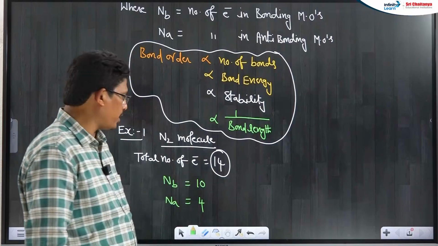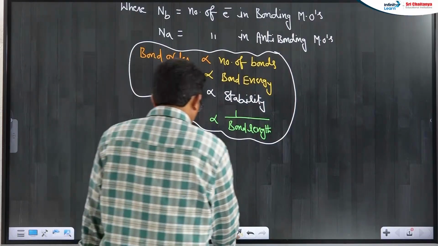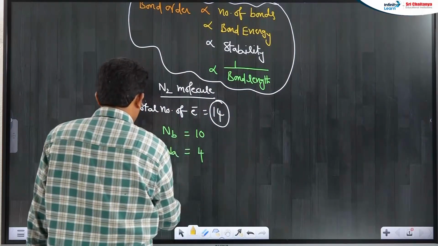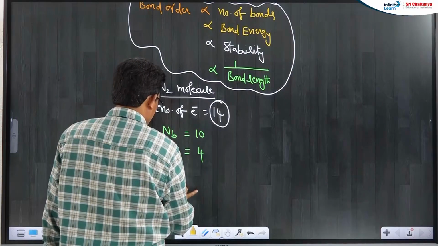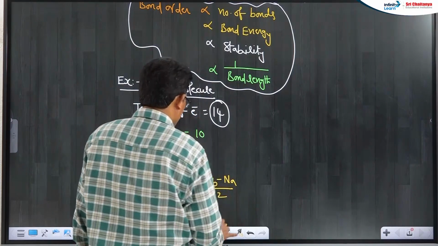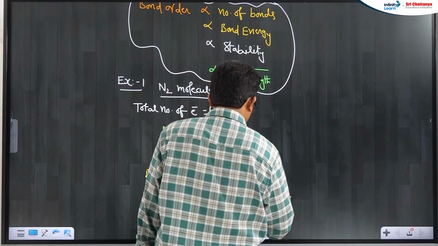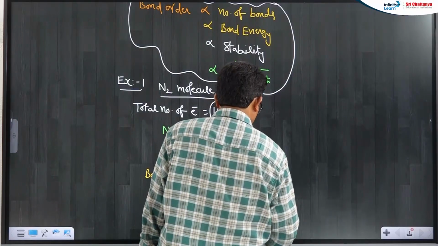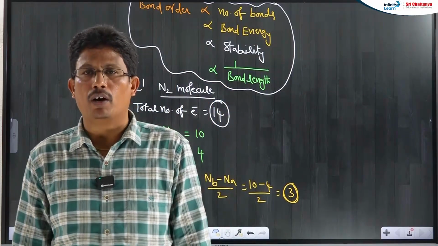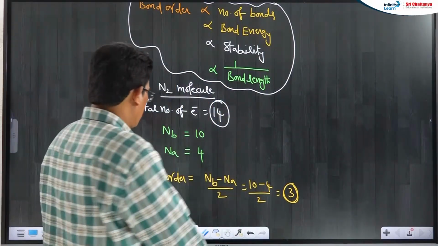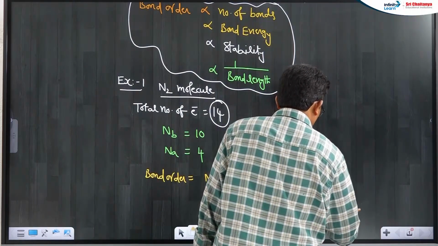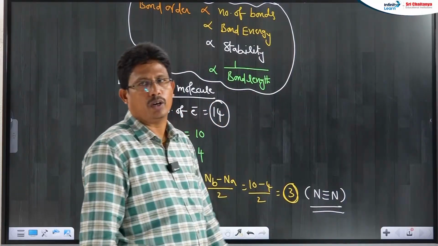Electrons present in anti-bonding orbitals 4. So, bond order is Nb minus Na by 2, that means 10 minus 4 by 2, 6 by 2, 3. If bond order 3 means triple bond is present between two nitrogens.